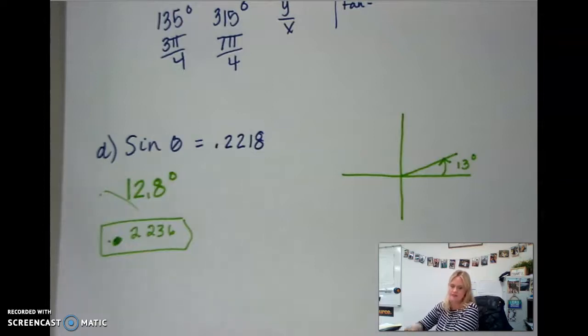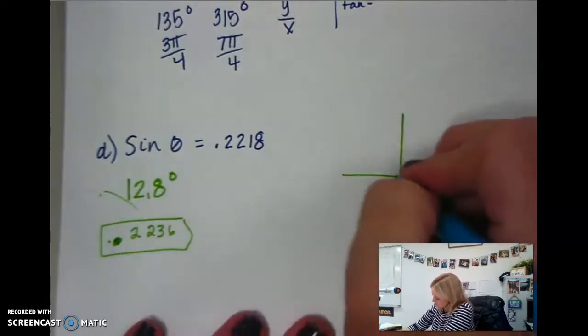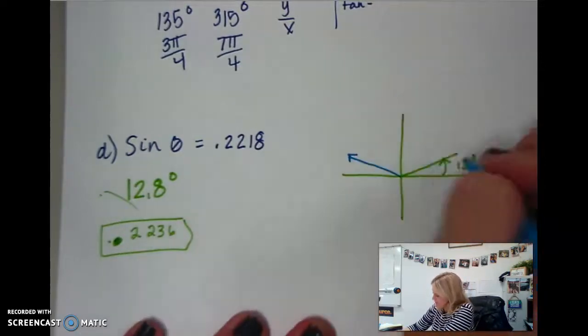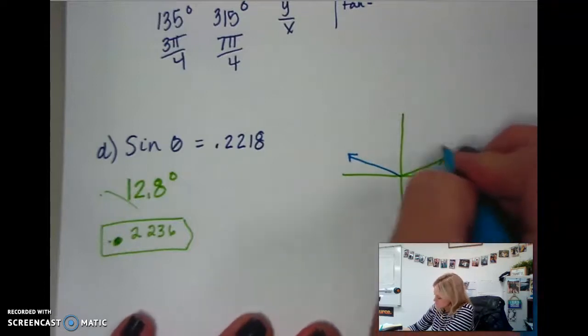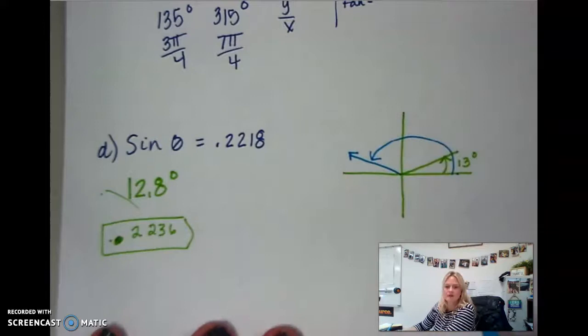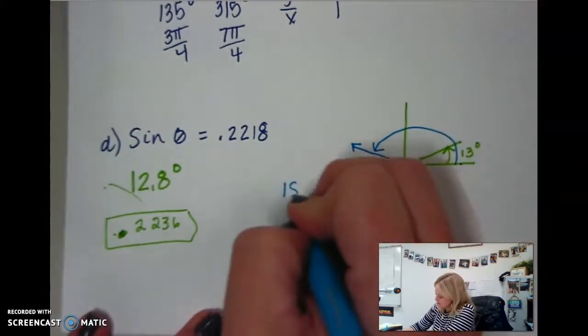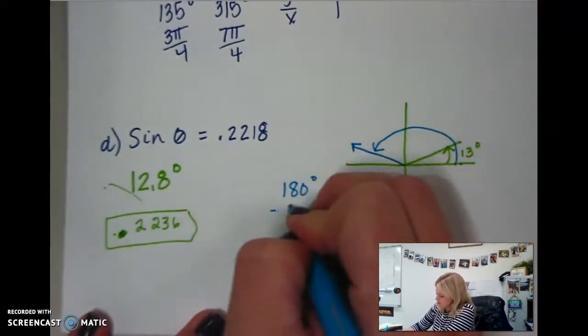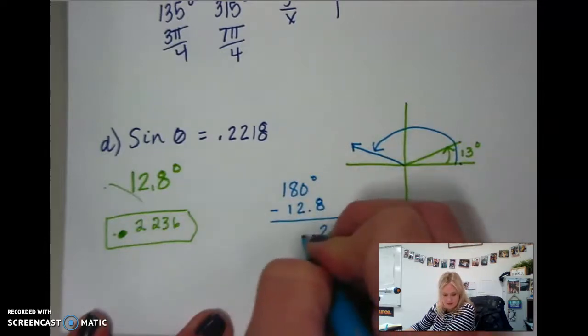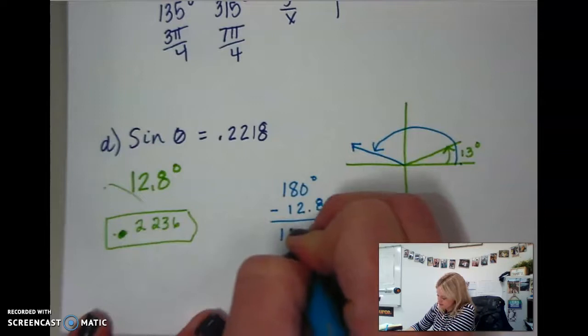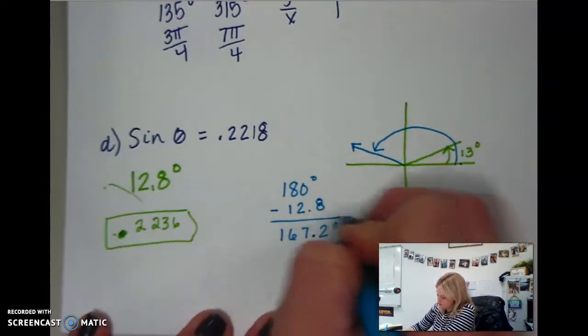Sine is also positive in quadrant 2. And I need to find the angle also right here. So how would I find that? 180, take away 12.8, and we are left with 167.2 degrees.